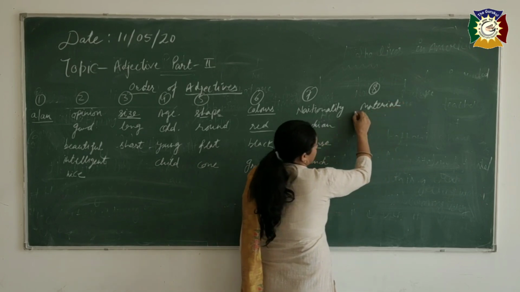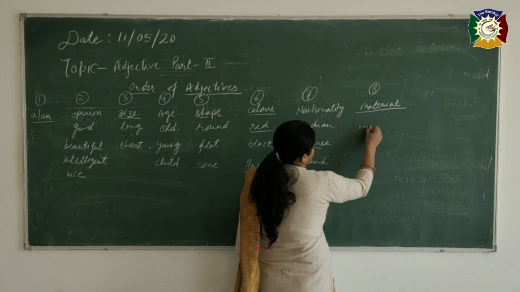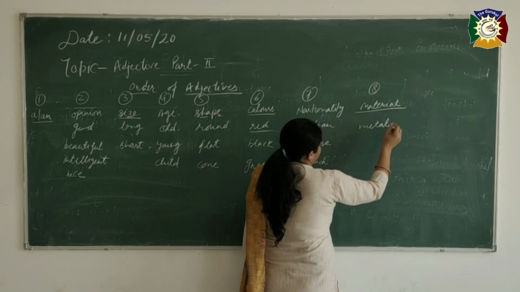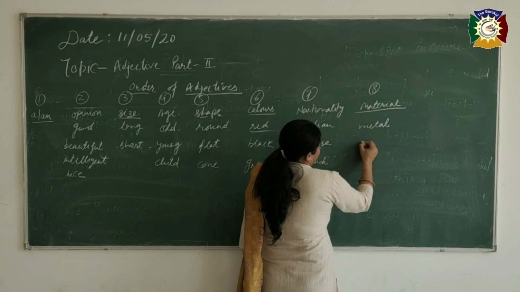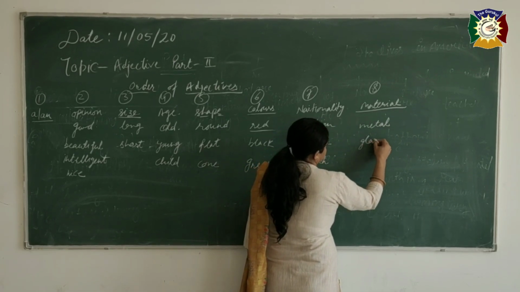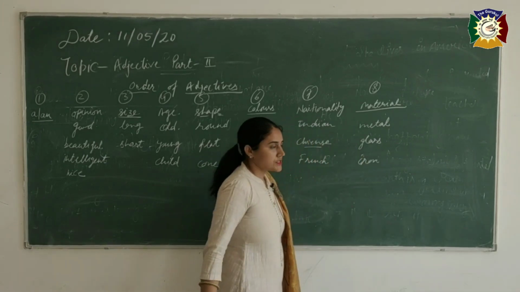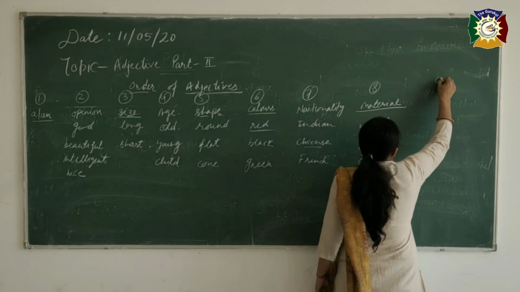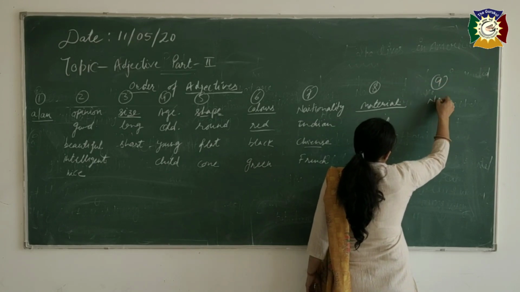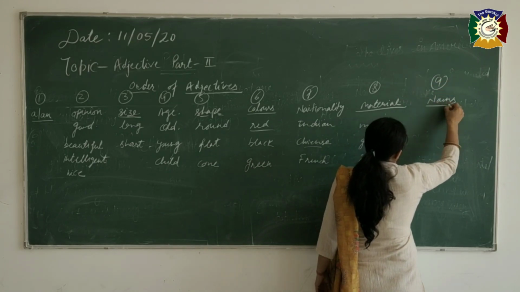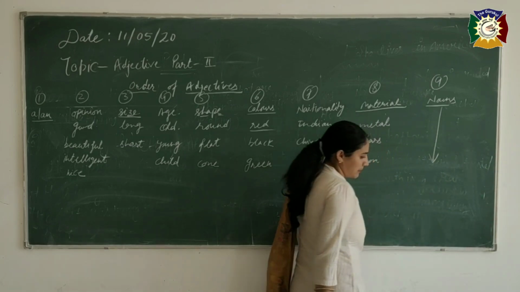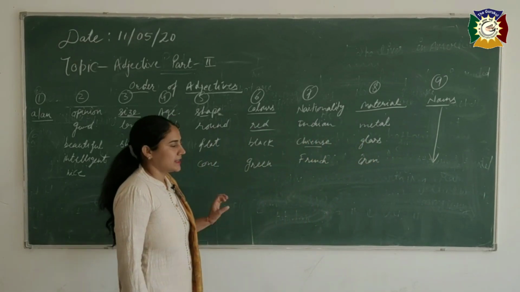What is material? Like metal, glass, iron. And to whom do these all qualify? The last point is nouns. It may vary and it may depend on the structure of the sentence.